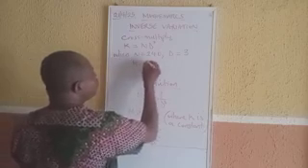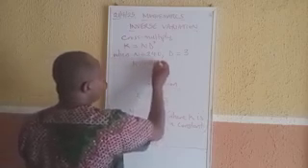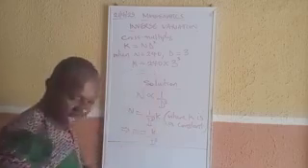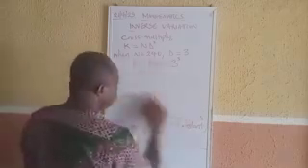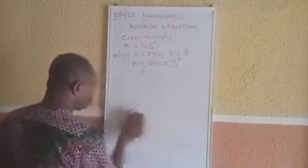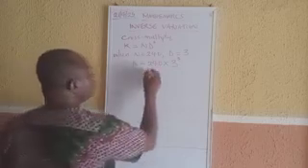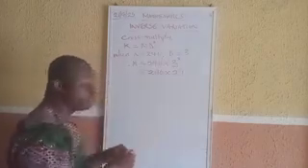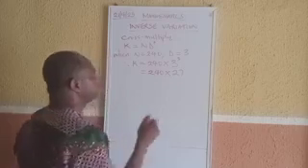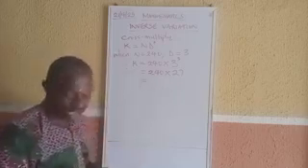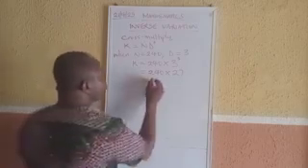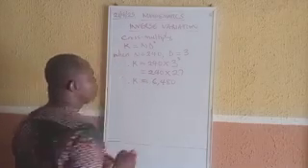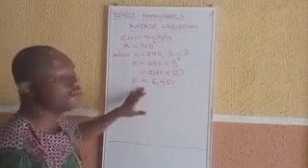Therefore, k will be 240 times 3 raised to power 3, which is the same as 240 times 27. 3 raised to power 3 means 3 multiplied by itself 3 times. So 240 times 27 is 6,480. That's our value for k. That is how you obtain the value for k.